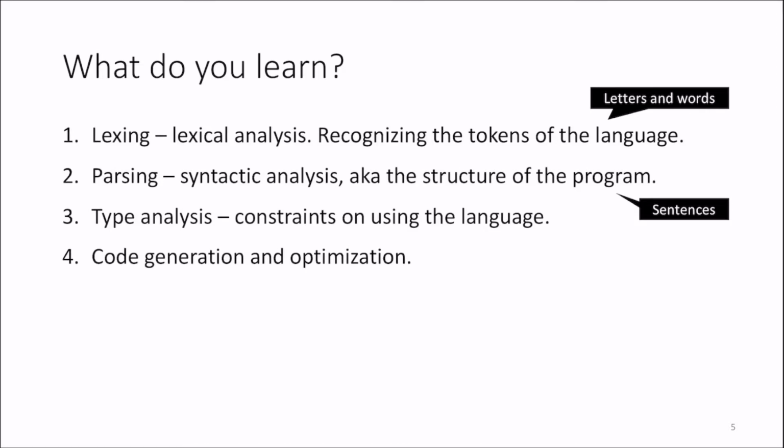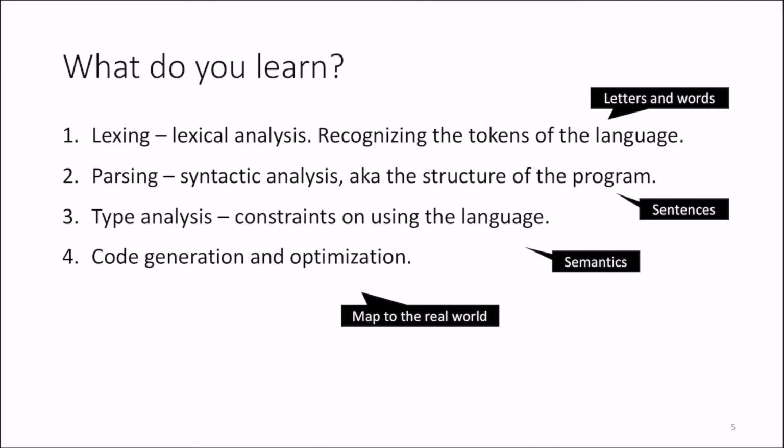In the same way, you need to understand how in a programming language there are valid programs and invalid programs. Type analysis is very similar to semantics in natural language, where you can't just say that a sentence is grammatical, therefore it's meaningful. A famous sentence from Chomsky is, colorless green ideas sleep furiously, which is grammatically valid but semantically doesn't seem to mean anything.